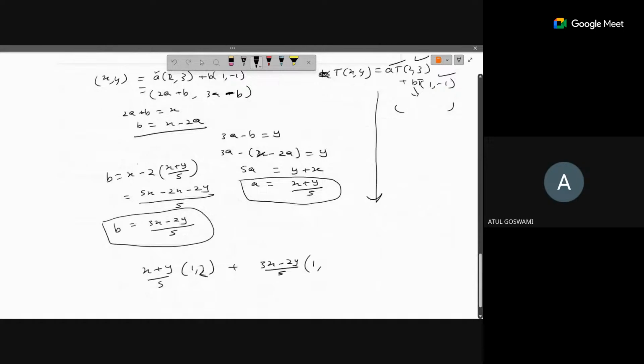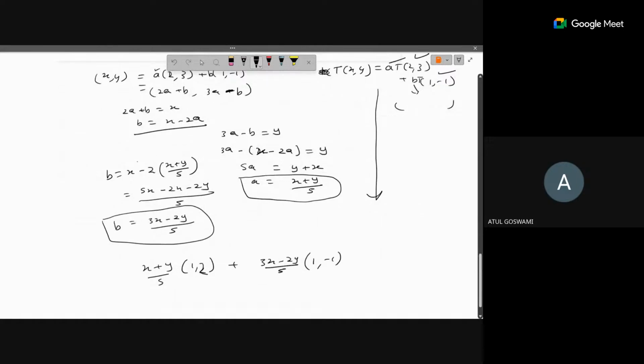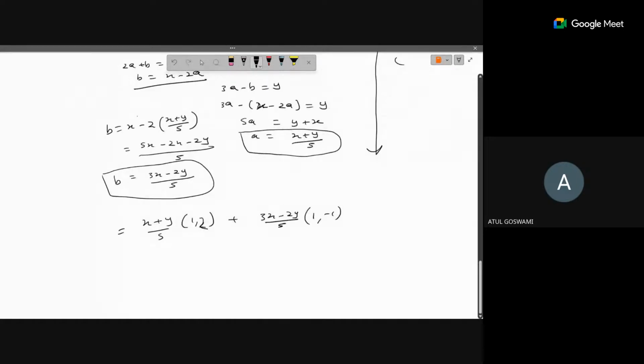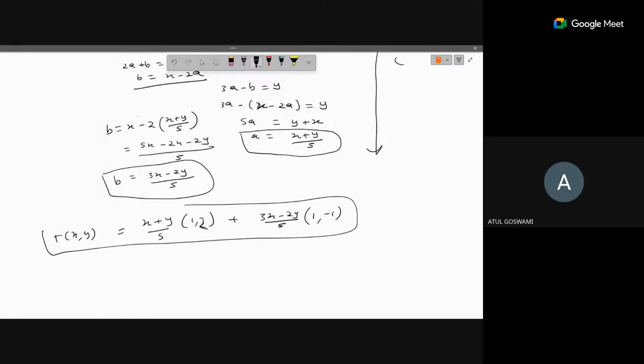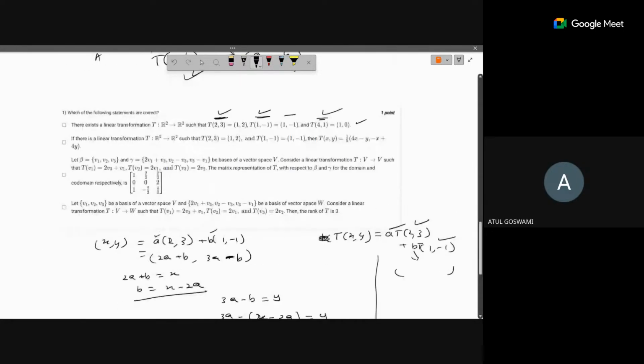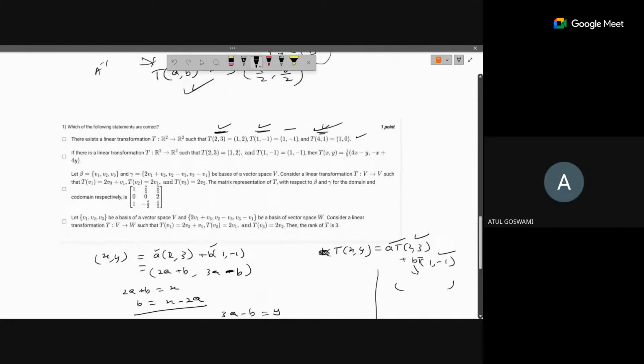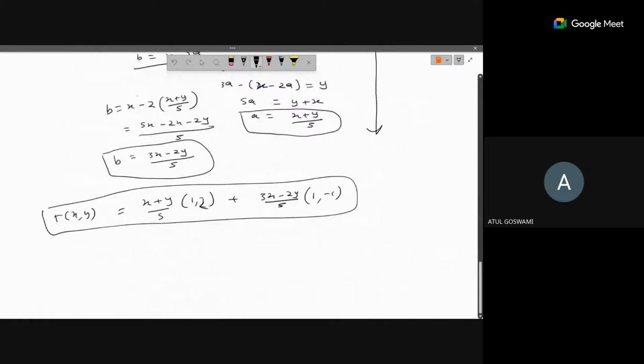So this is T of (x, y), which is given. Now put the point (4, 1) here.